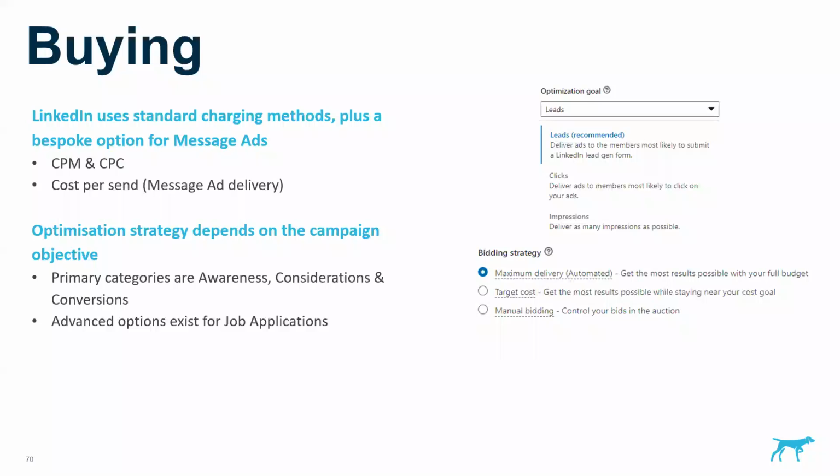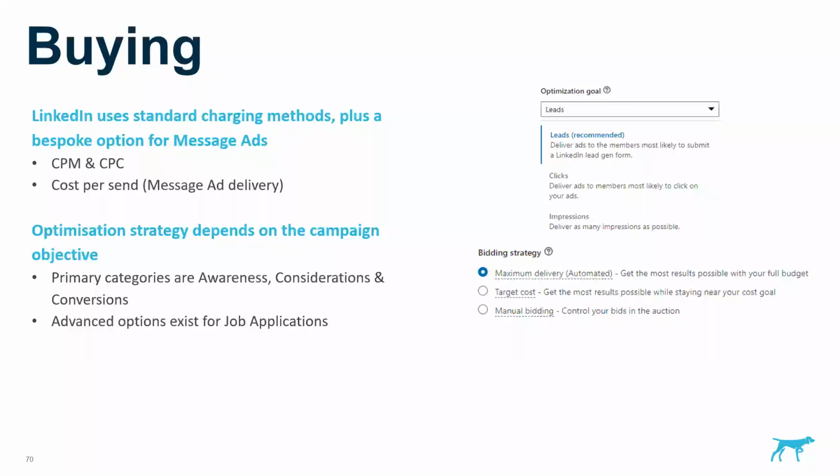And bidding strategy, the first two might seem quite similar. It's either trying to use the full entered budget and get the most results possible, or using a target cost while staying near a certain cost per return.